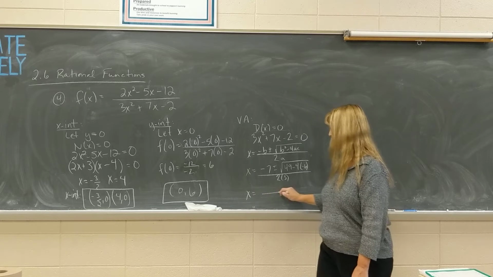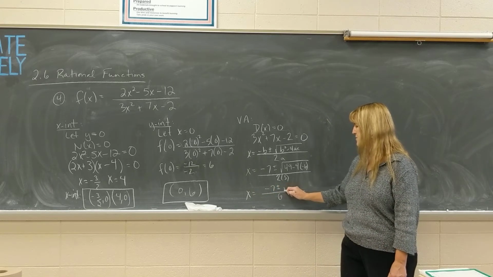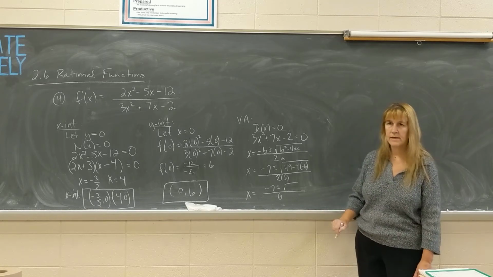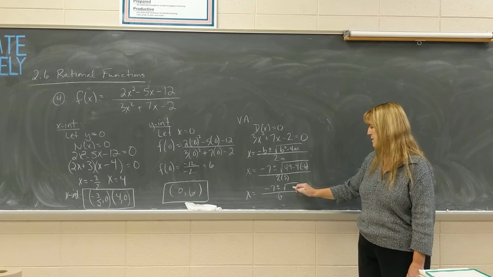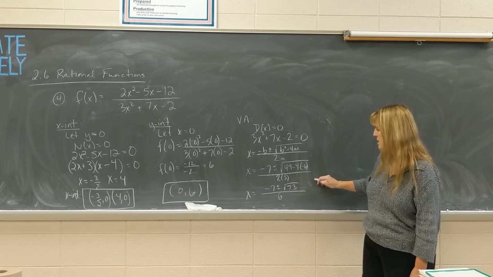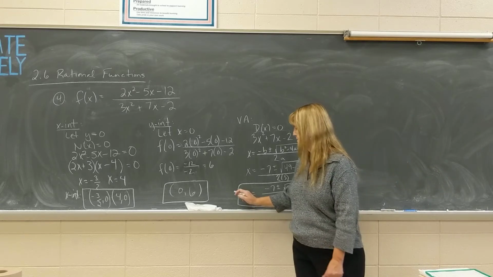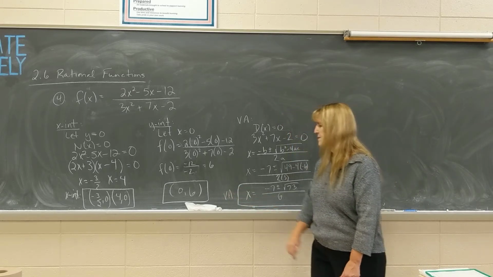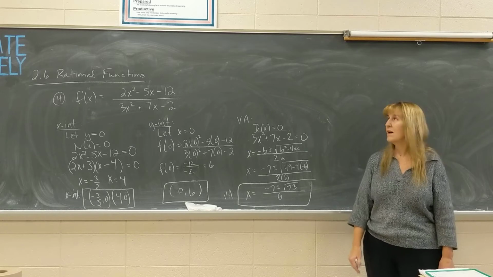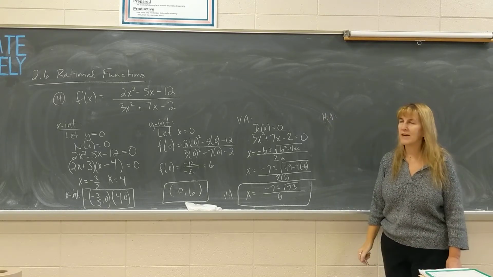It is all over 6, right? Negative 7 plus or minus the square root of 73. I'm going to leave it like that and box it. And these are my vertical asymptotes.